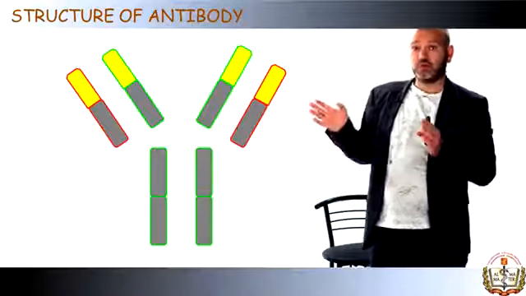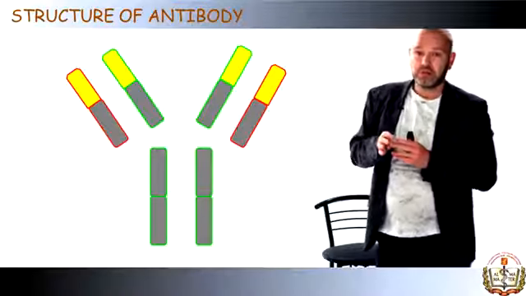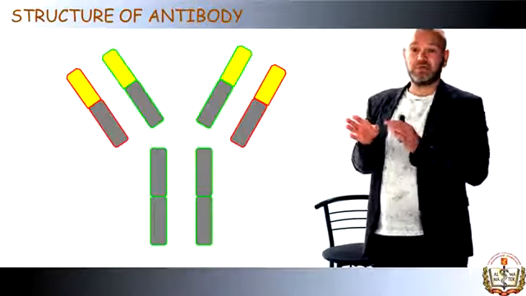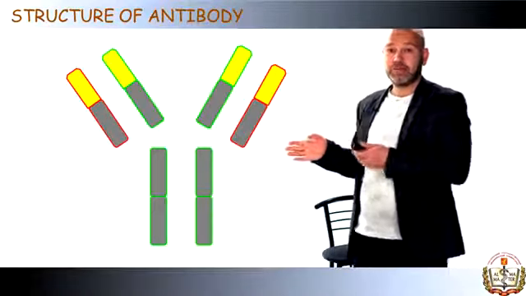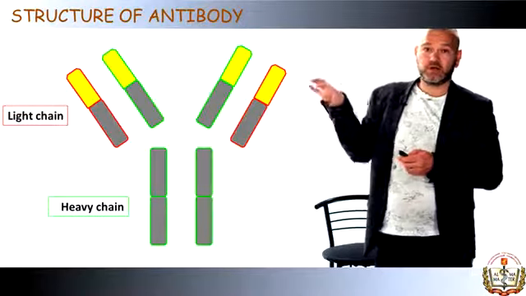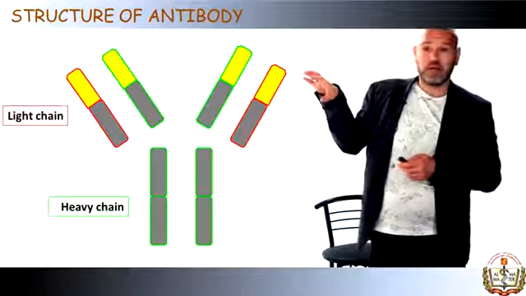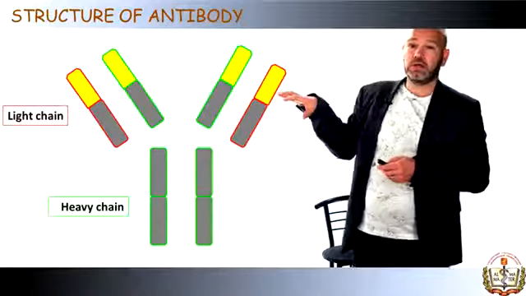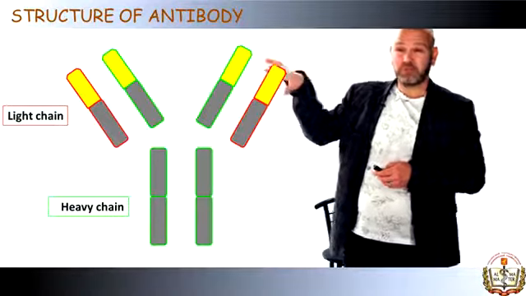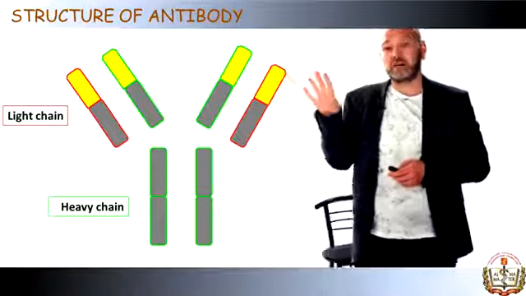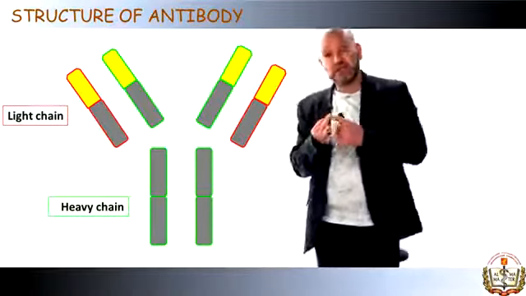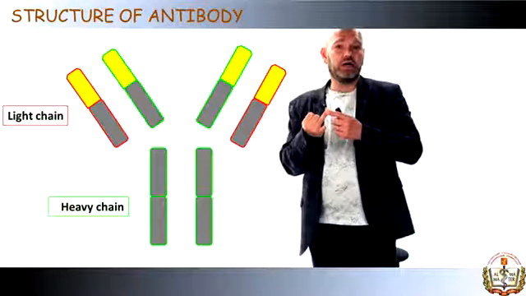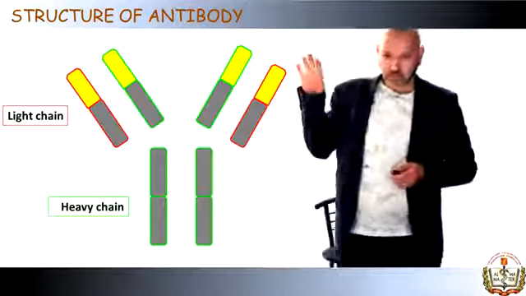It was shown that different antibodies can have different chain structures. Two types of light chains are possible, lambda and kappa, and five types of heavy chains: alpha, delta, gamma, epsilon, and mu.